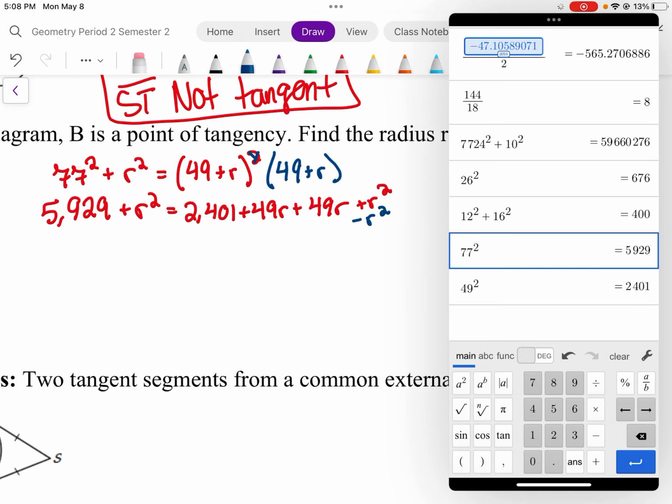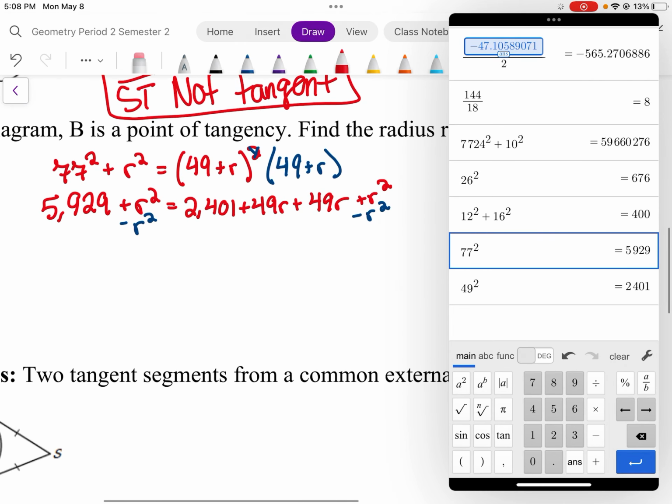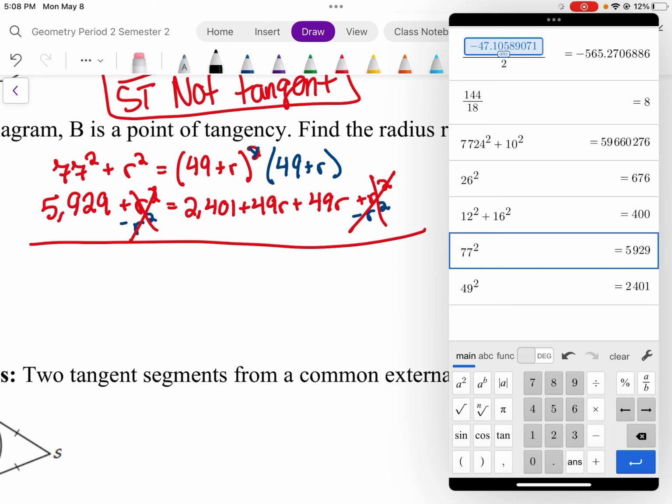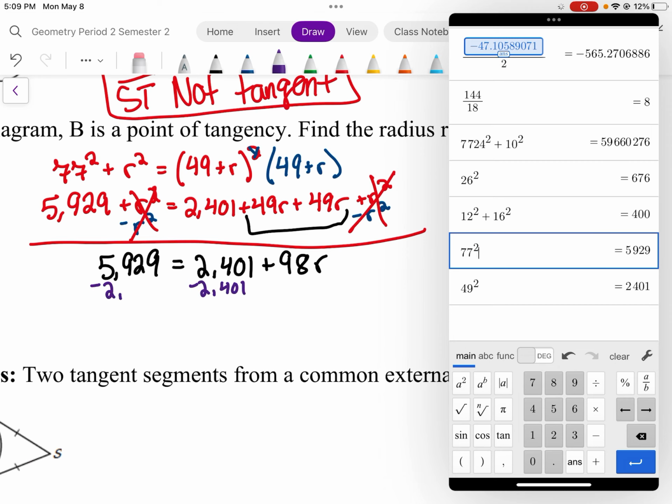So when this happens where you have a square term on both sides, sometimes it will end up disappearing. And when that happens, that means you don't have to use the quadratic formula or FOIL. So we have 5,929 equals 2,401. We're going to add those two together to get 98R. And our goal is to figure out what R equals.